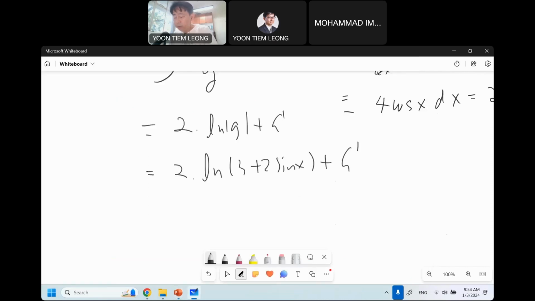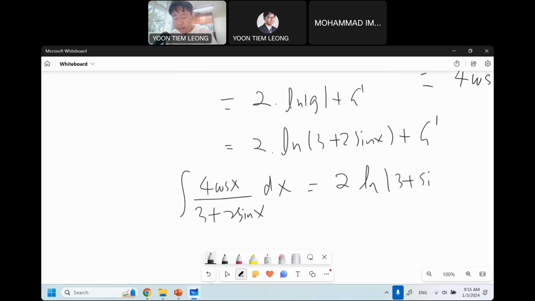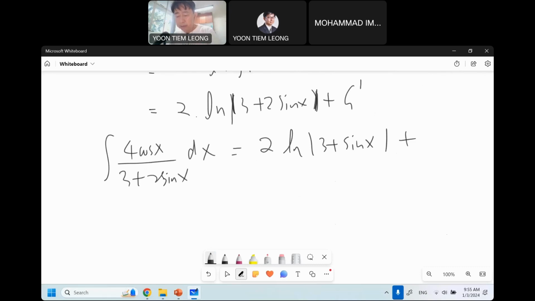So that is the solution to the indefinite integration of 4 cos x over 3 plus 2 sine x. But the question requires a little bit more. The question asks me for the definite integration instead of the indefinite integration. So what I have found until now is the indefinite integration, 2 times log of 3 plus 2 sine x, where the argument of the log has to be in absolute sign, plus c prime.